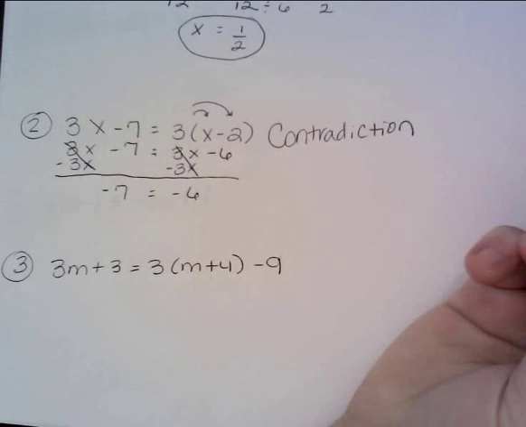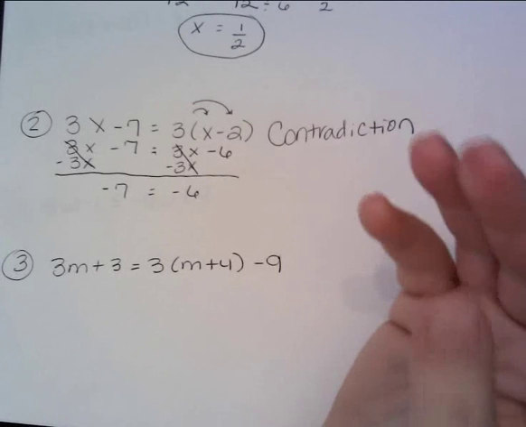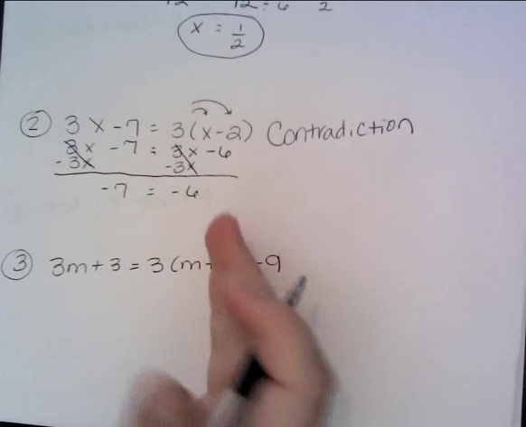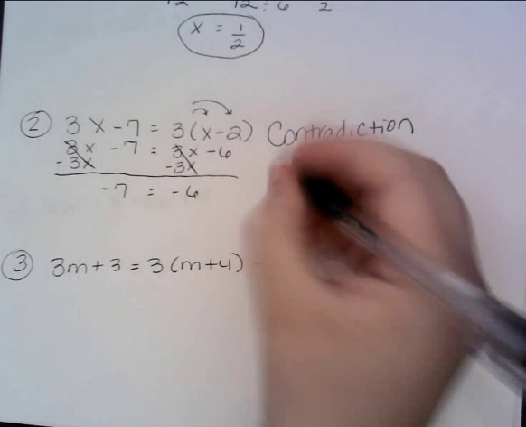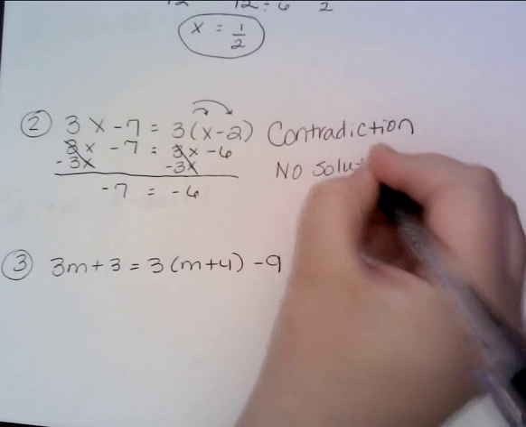A contradiction is whenever you have conflicting information, meaning what is on this side is not the same as what is on this side. That's what a contradiction is. Whenever you get a contradiction, you're going to tell them that there are no solutions.